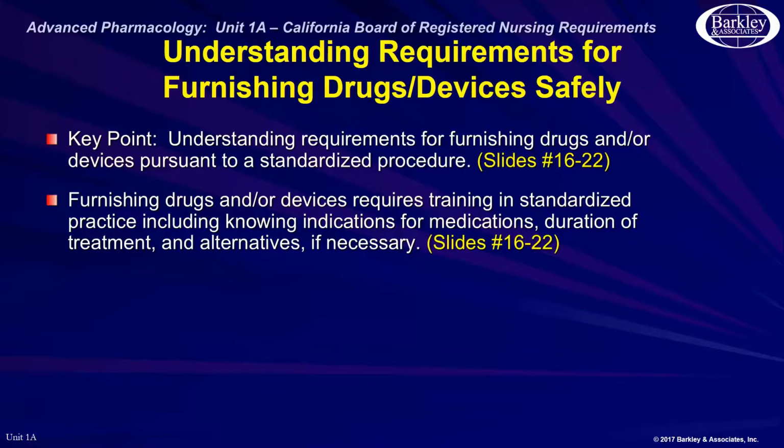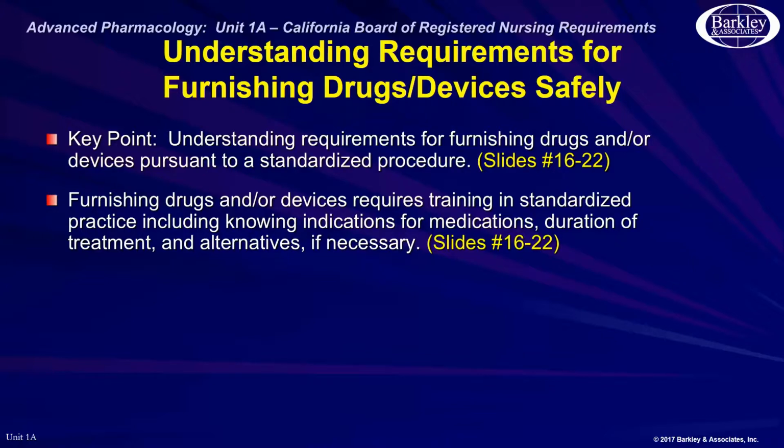So standardized procedures embrace a lot of what furnishing drugs and/or devices is, and it requires training in standardized practice, including knowing indications for medications, duration of treatment, and alternatives if necessary.